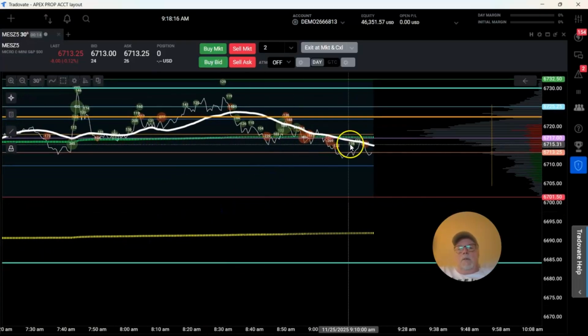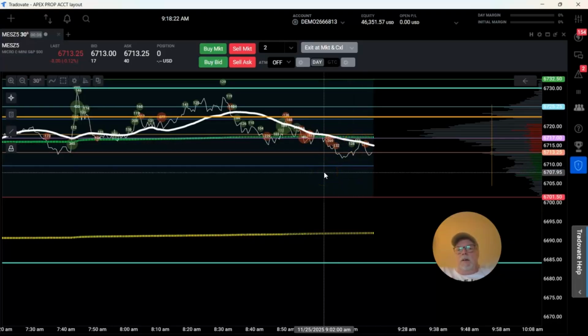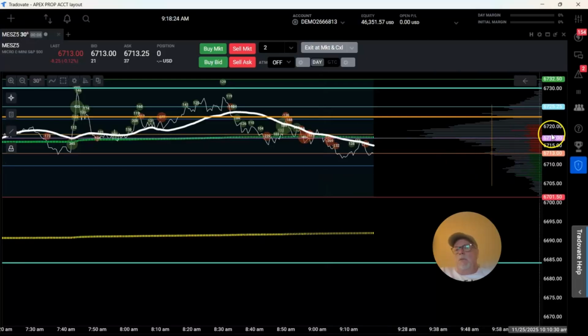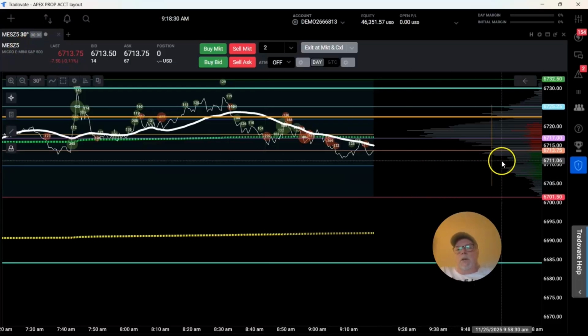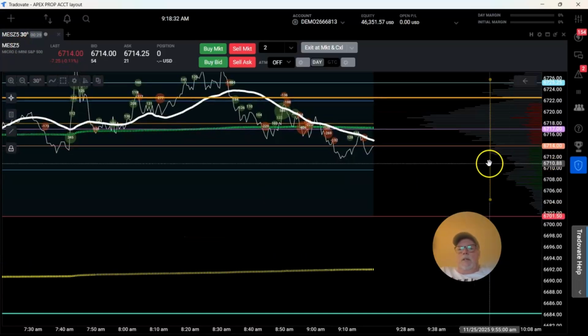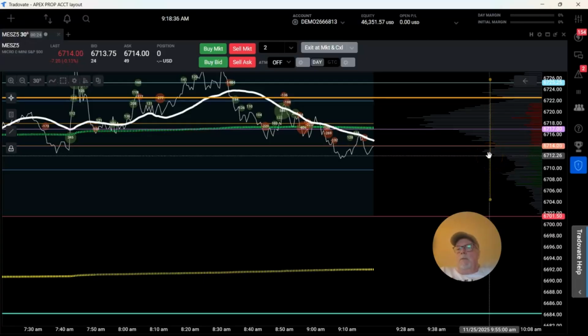Okay, looks like we're pretty docile and calm here right now. I wanted to show you what the micro will do for you. Maybe we'll take a trade off this ledge just to see. Let's put in a trade right here. We're respecting this ledge.